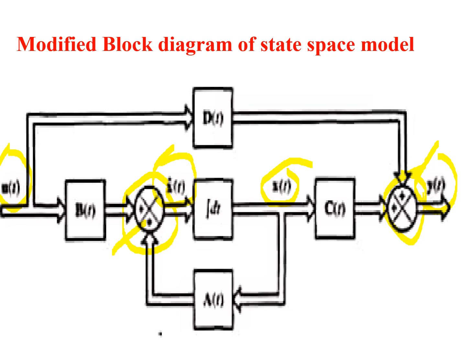Similarly, at summing point 2 we can get the output equation y of t. y of t is the summation of the state variable with some forward path gain and the input with some forward path gain d of t. At summing point 1 we get the state equation, and at summing point 2 we get the output equation.